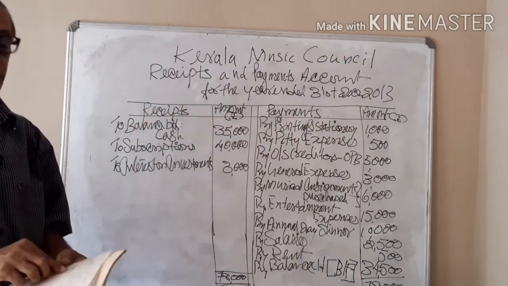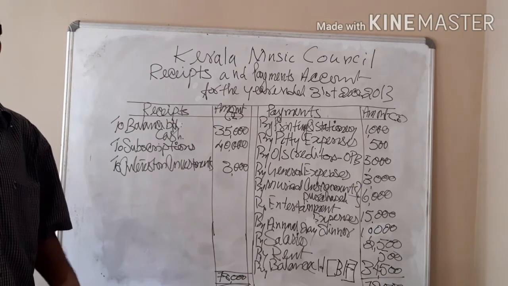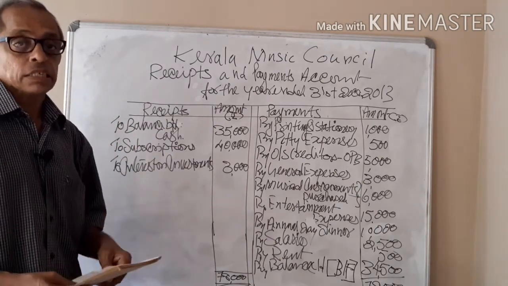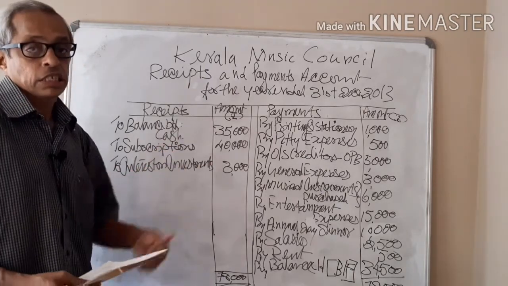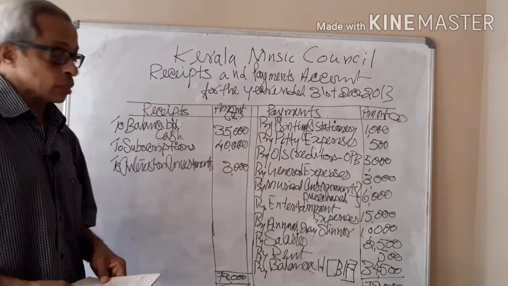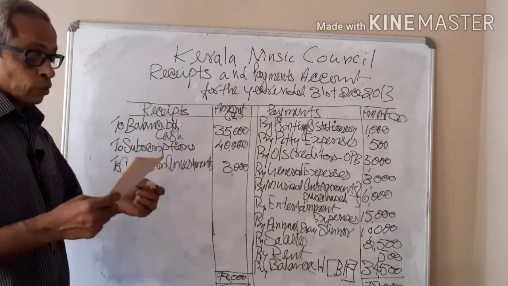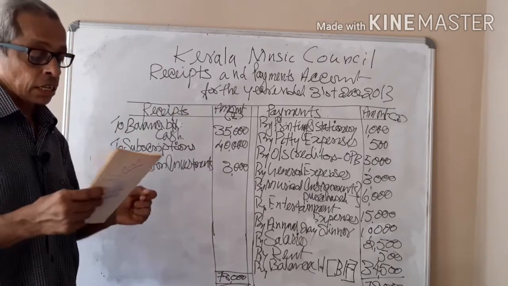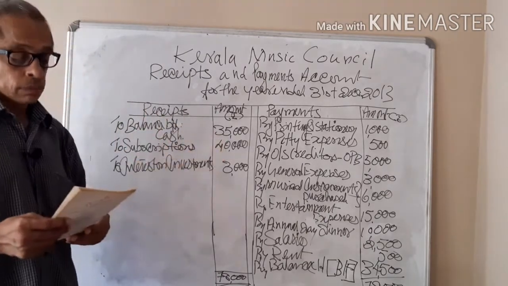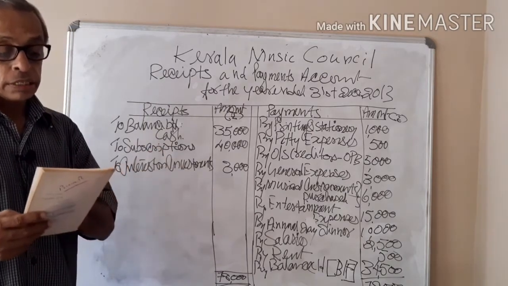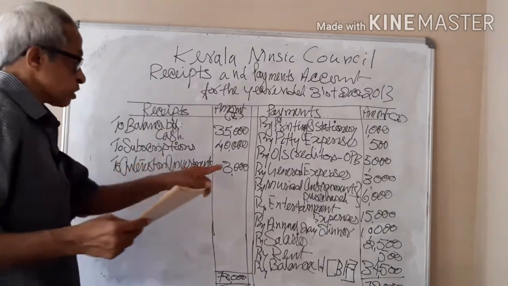Then we write the opening cash balance. The opening cash balance is taken from the balance sheet given to us, that is 35,000. The subscriptions received are the first item of receipts, that is 40,000. Then interest on investments, that is 3,000.